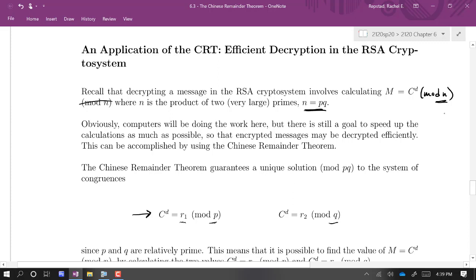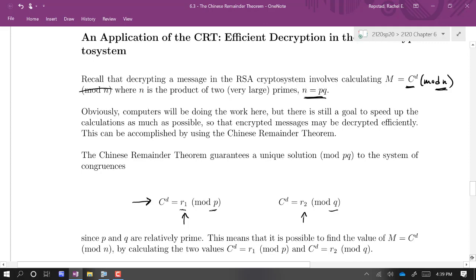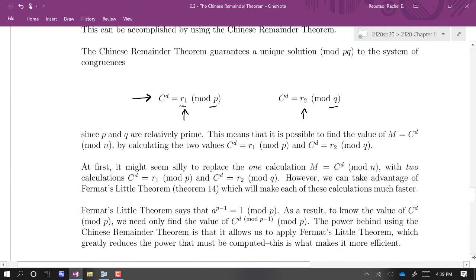So if I can calculate both the r1 and the r2, then I can just solve the system of congruences to figure out what c to the d power is mod n. At first, that by itself might not seem like much, because we're just replacing one fast exponentiation process with two. And c to the d is probably large.